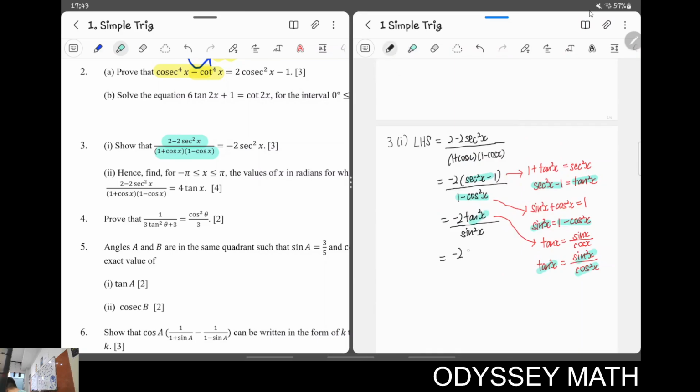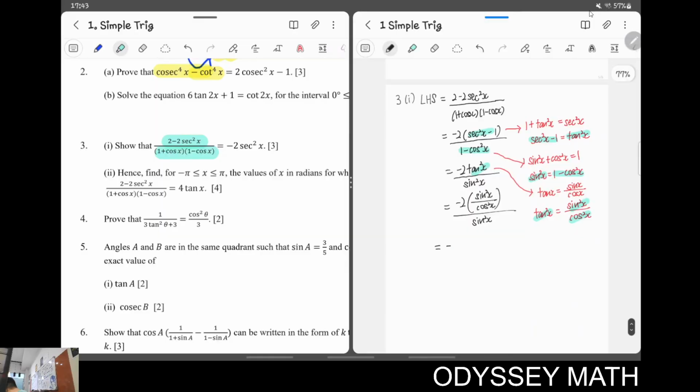So it will be minus 2 sine square x over cosine square x divided by sine square x, and then change it to times.